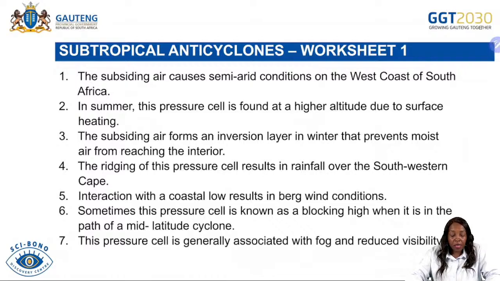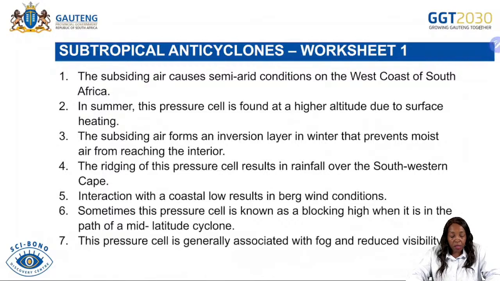Question 3, the subsiding air forms an inversion layer in winter that prevents moist air from reaching the interior. 4, the ridging of this pressure cell results in rainfall over the southwestern Cape. 5, interaction with coastal low results in bergwind conditions.